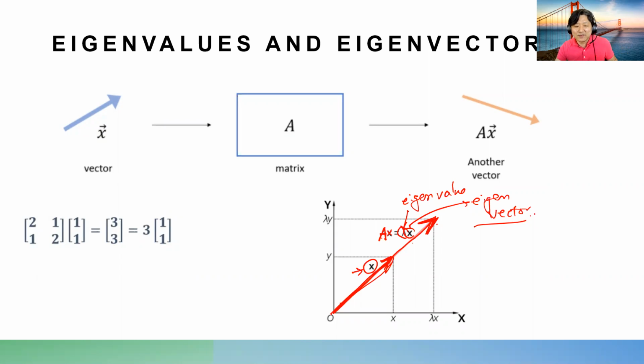So what is an eigenvector, and how are these two related to each other? Briefly, say x1 and x2, we have a data set like this.